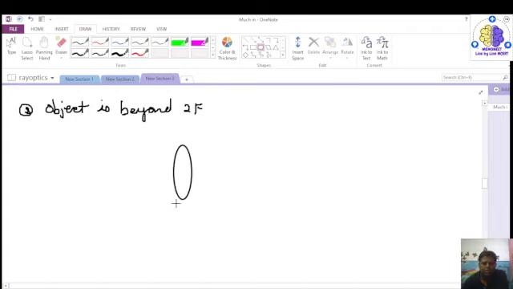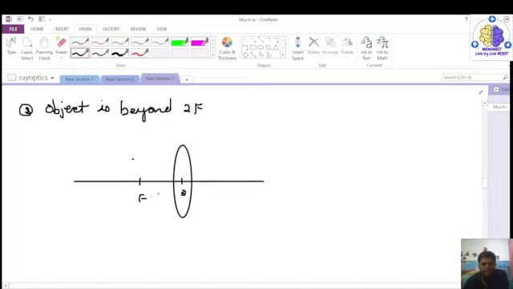This is a convex lens. This is the principal axis, right? Now let me draw this as the optical center.